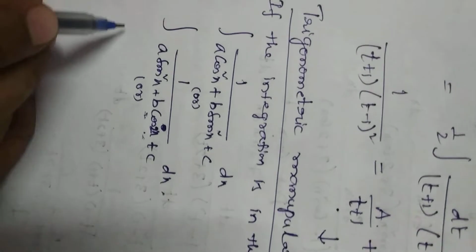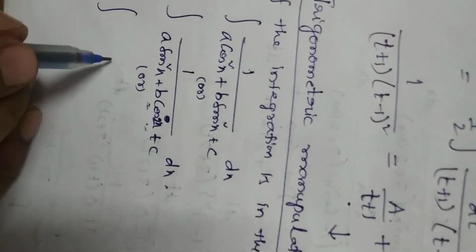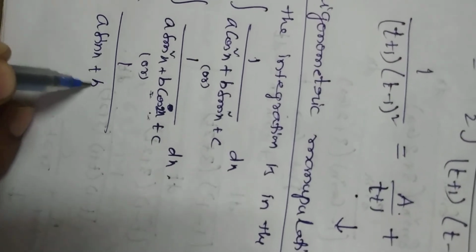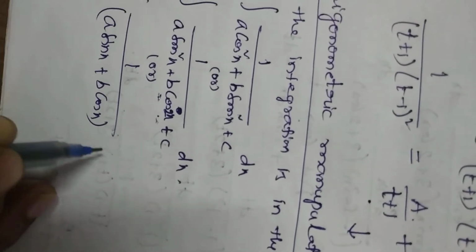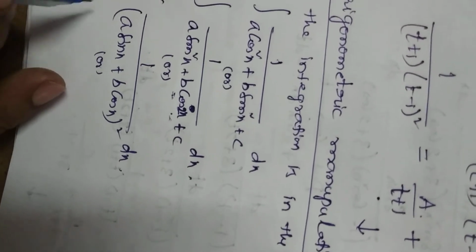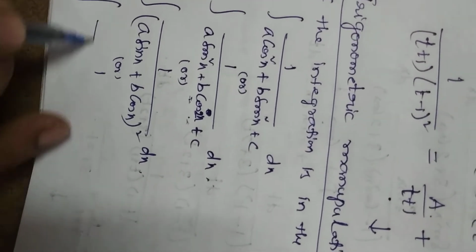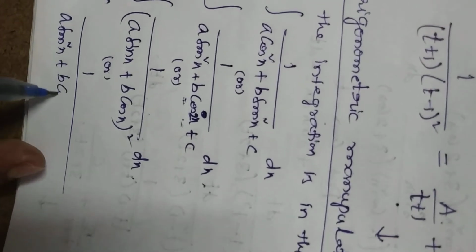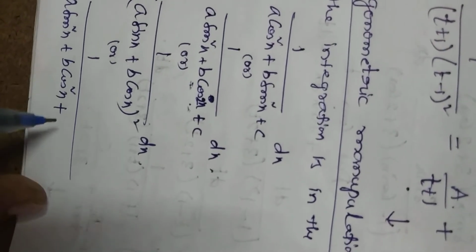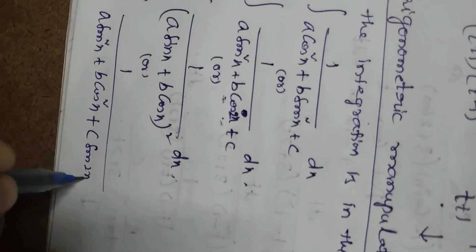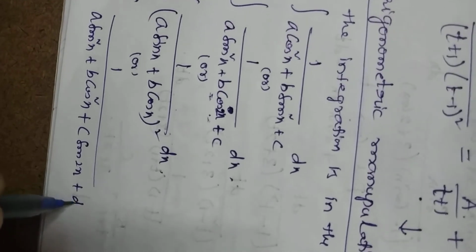Or even if the integration is in the form of 1 by a sin x plus b cos x whole square dx, or next even if the integration is in the form of 1 by a sin square x plus b cos square x plus c sin 2x plus d.